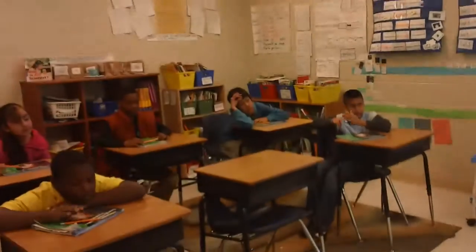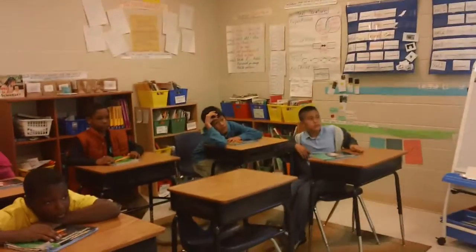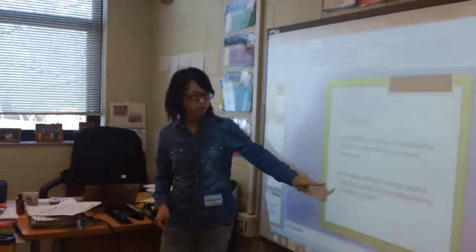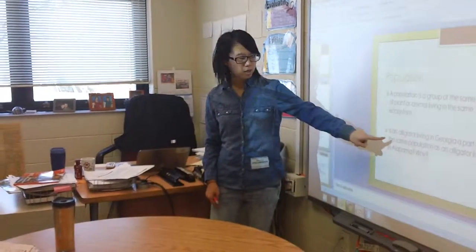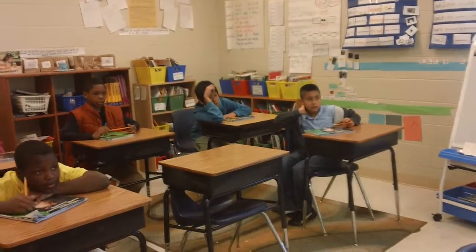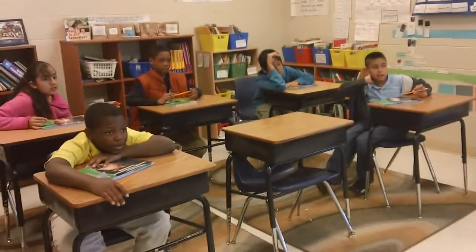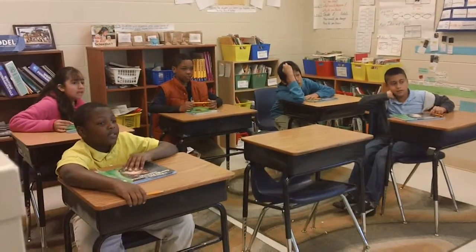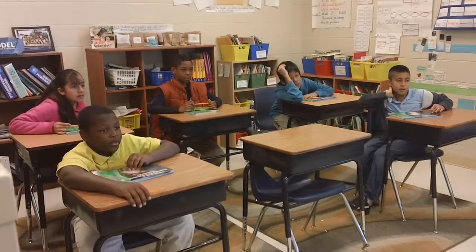Okay, so after the definition, I want you to think about this question. Let's read it together. Is an alligator living in Georgia a part of the same population as an alligator living in Alabama?